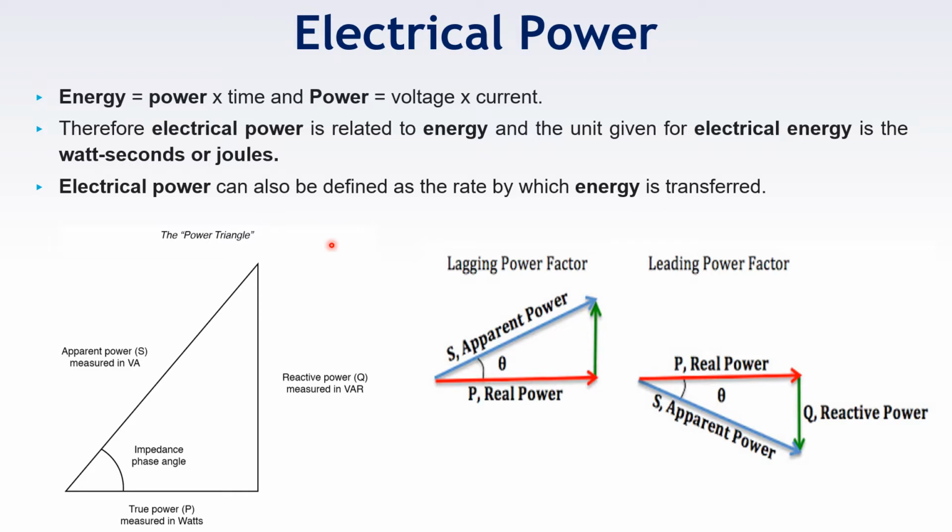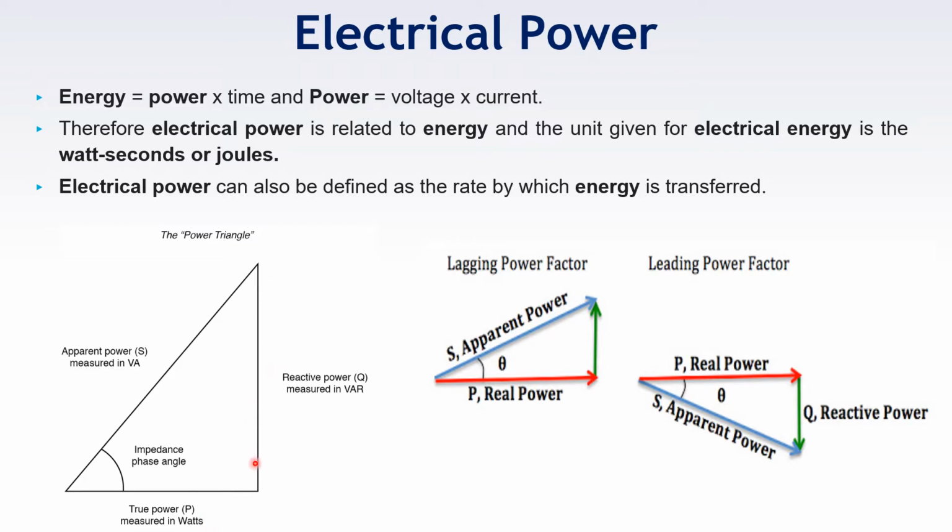In electrical power, it is again divided into three types of power, that is apparent power, true or active power, and reactive power. Here we can see a triangle which is known as the electrical power triangle. In the electrical power triangle, the x-axis component or base is denoted for active power or true power and the unit of active power is watts.